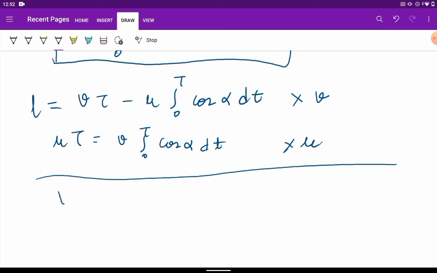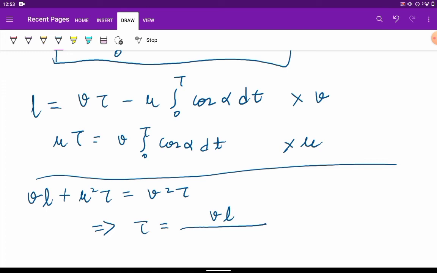So vL plus u squared tau equals v squared tau. Bringing this over, tau equals vL divided by v squared minus u squared.